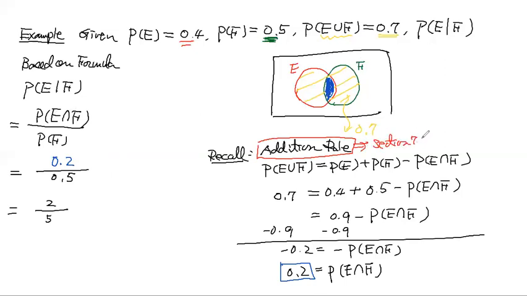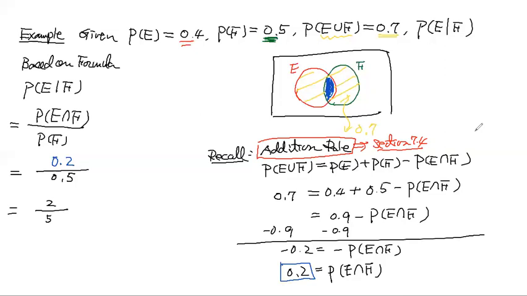If you don't remember, you need to go to section 7.4 to review it. Remember, your condition is the event after that vertical line. You put your condition in the denominator, then the numerator will be the intersection of these two events.